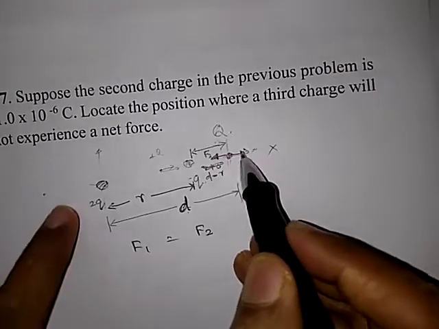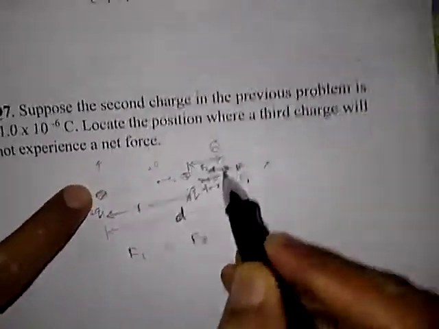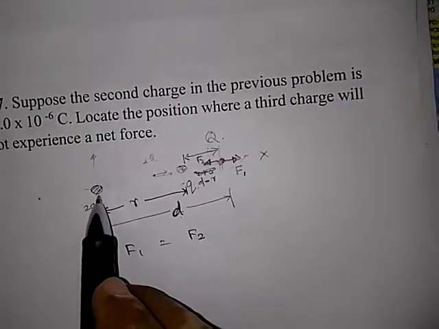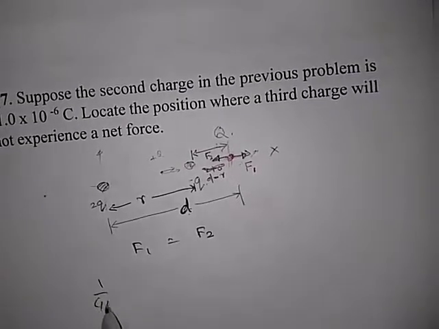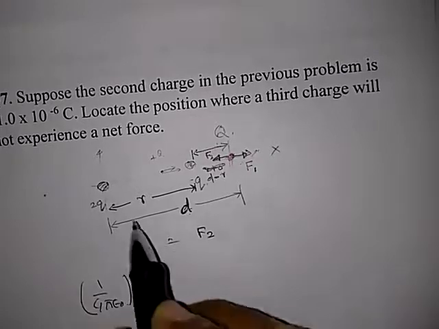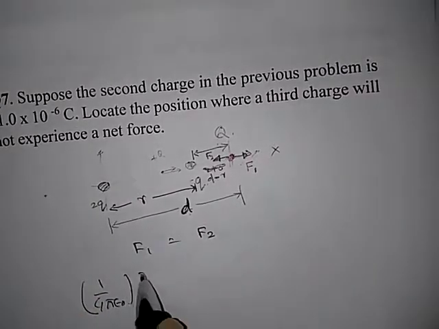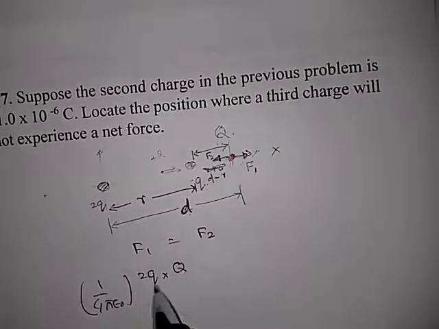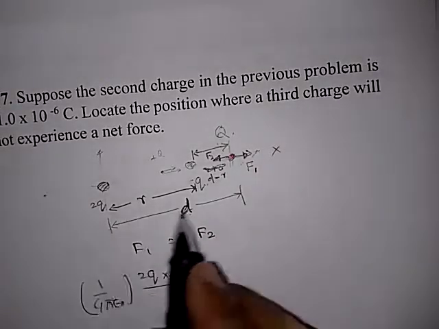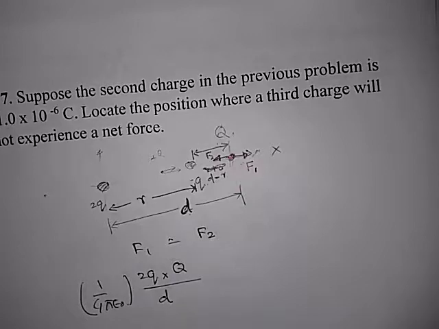So F1 is the force on this capital Q due to this charge, capital 2Q, and it's given by 1 upon 4 pi epsilon 0 multiplied by the first charge 2Q multiplied by the second charge Q divided by the distance between them, which is d square.